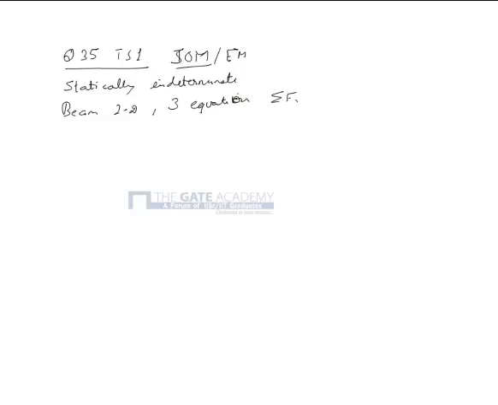They are sigma fx equal to 0, sigma fy equal to 0, and sigma m is equal to 0. So these 3 equations can solve for 3 independent reactions. Hence, if the number of reactions is more than 3, then the beam is statically indeterminate.